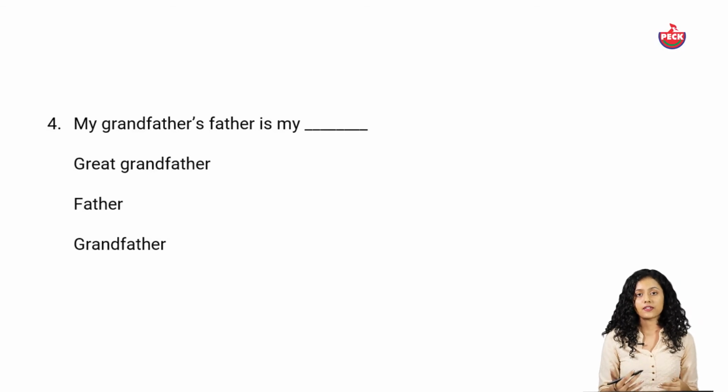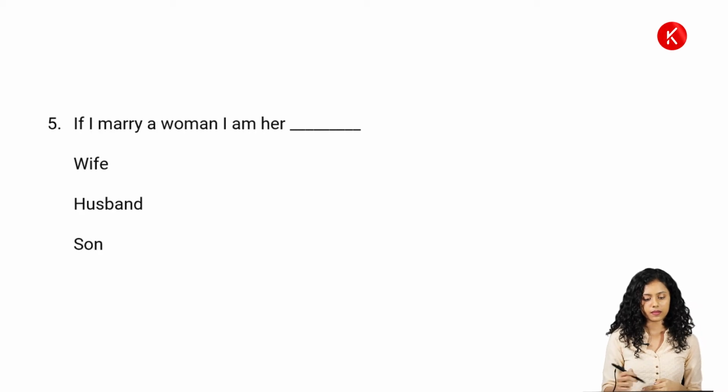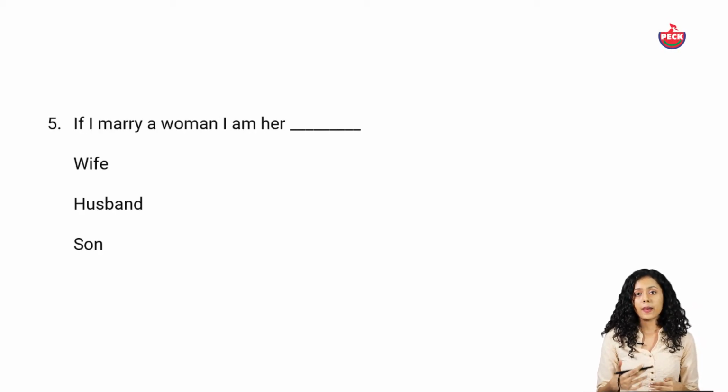My grandfather's father is my blank. Who is my grandfather? It's my father's father. So my grandfather's father would be my great-grandfather. If I marry a woman, I am her blank. So when we learnt about the royal family, we saw that Catherine was the wife and William was her husband.